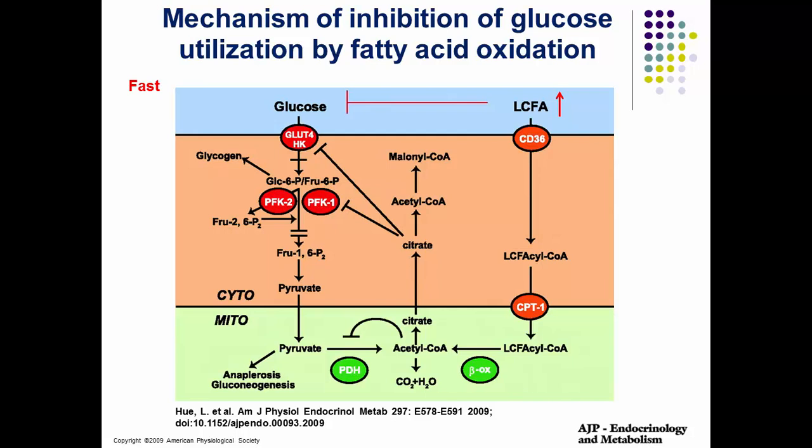Pyruvate enters the mitochondria, and the next step for pyruvate metabolism is decarboxylation to acetyl-CoA. Remember, the enzyme for this reaction is pyruvate dehydrogenase, right?